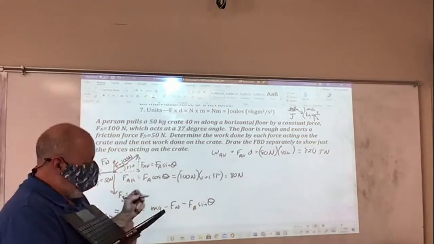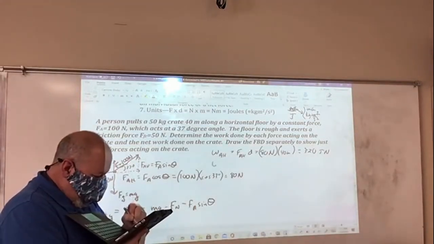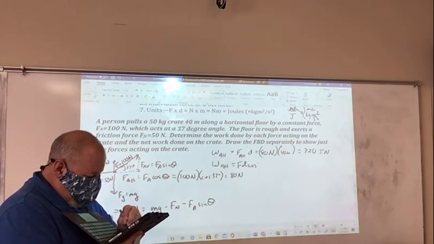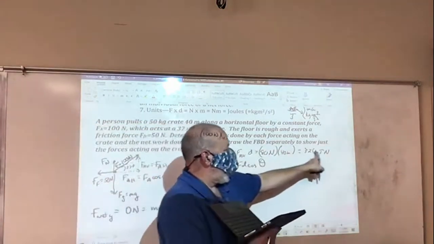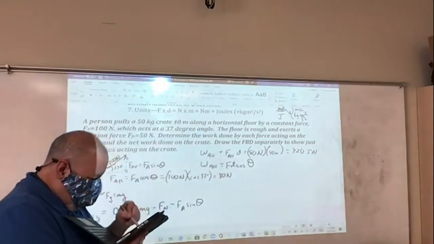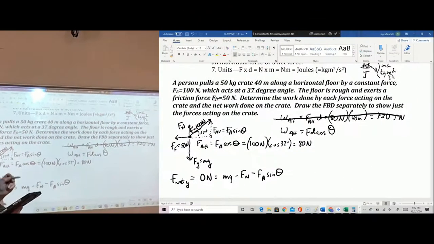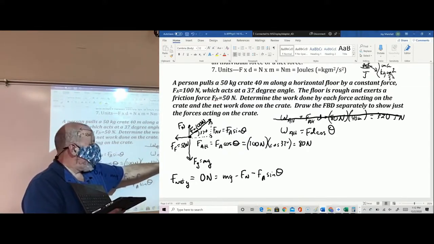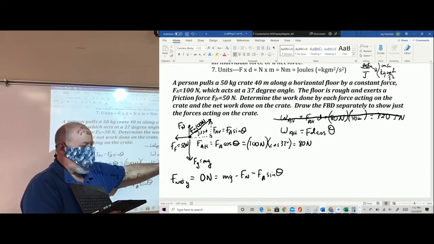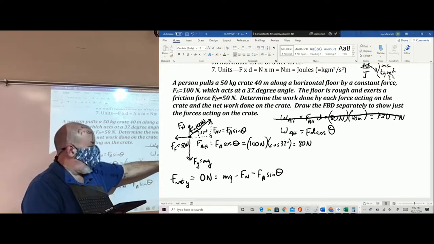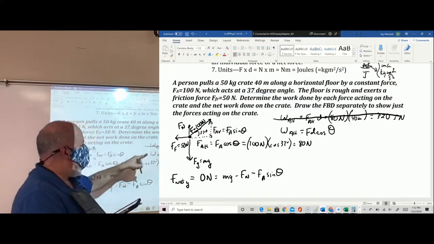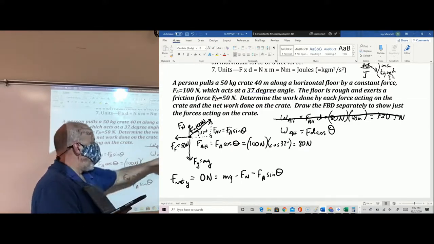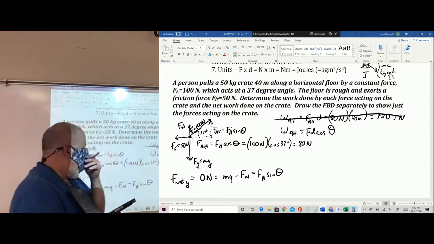So in general, we should not take this approach because our formula already does that for us. Don't end up multiplying times the cosine of theta two times. Here we already took into account that the F_A cosine of theta was the force in the horizontal direction. We already took that into account by finding that out.